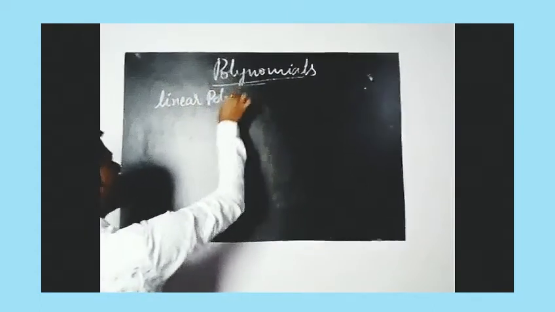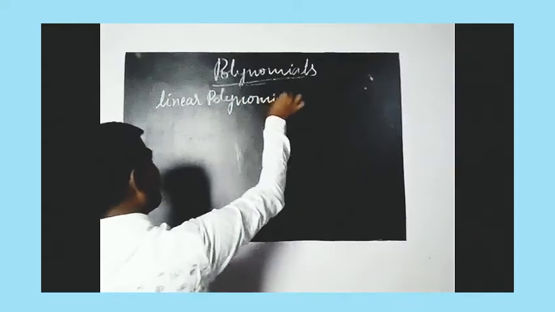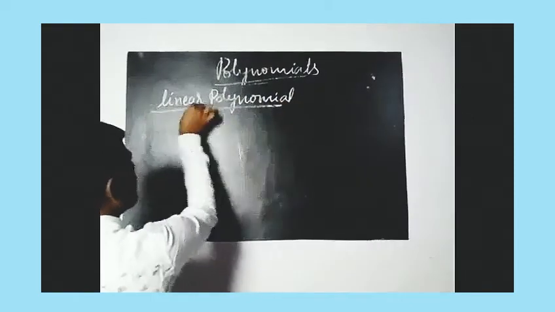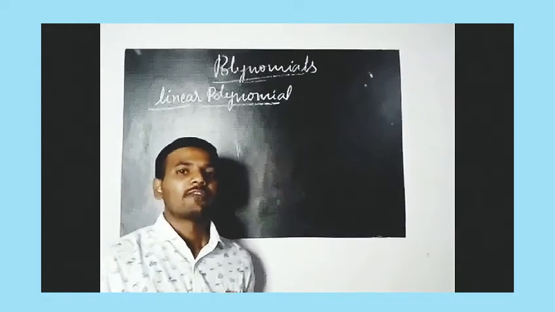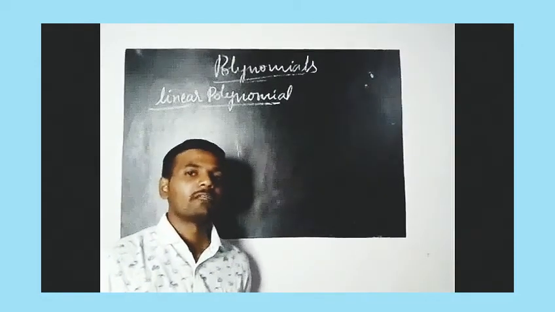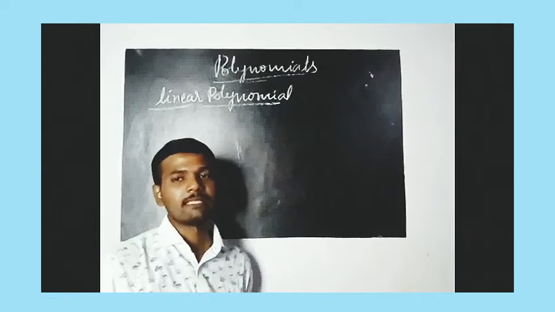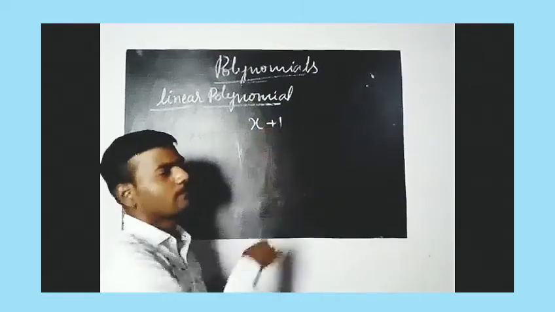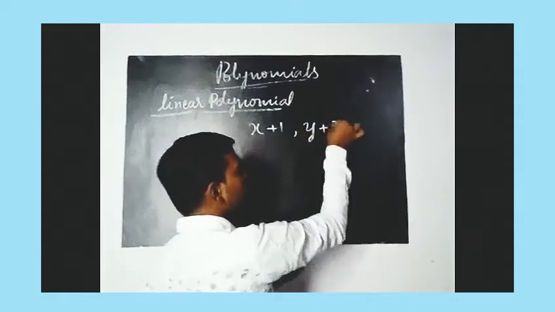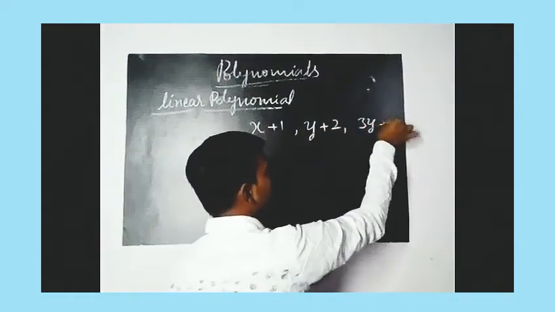Linear polynomial. A linear polynomial means a polynomial of degree 1. The polynomial of degree 1 is known as a linear polynomial, for example x plus 1, y plus 2, 3y plus 1.